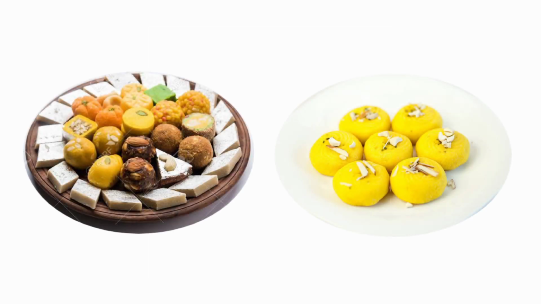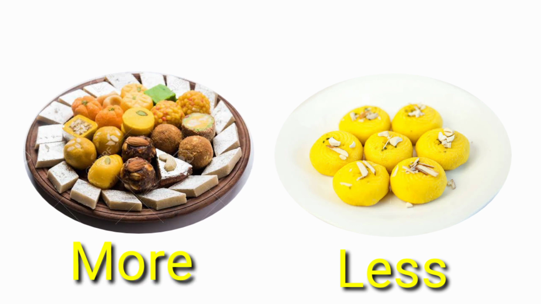These are two plates having sweets. Now tell me, which plate has more sweets and which plate has less sweets? Very good. The white plate has less sweets and the brown plate has more sweets.